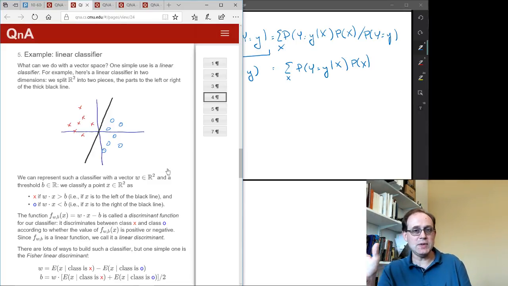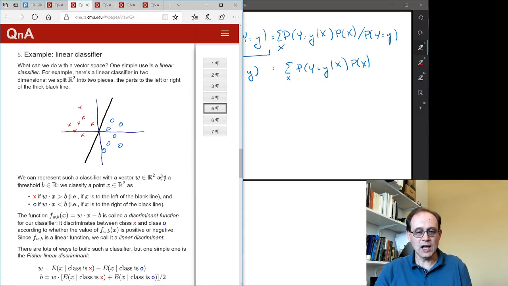And we'll get to that in a bit. But let's take a look at a specific example which is called a Fisher linear discriminant. And we'll go with R^n first. As a matter of fact, we'll just go with R^2 so that we can visualize the plots on an ordinary, two-dimensional screen.